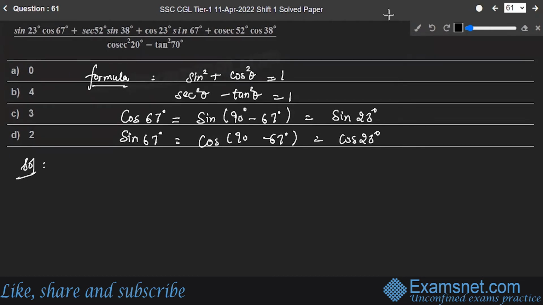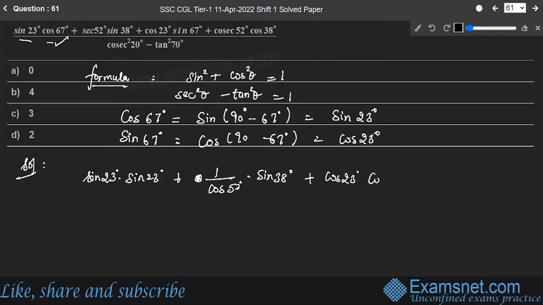So here's the solution. See, sine 23 cos 67. This cos 67 can be written as sine 23 only. So sine 23 into sine 23 degrees plus secant. Now, how can I write down secant? I will write down secant as 1 upon cos 52 degrees into sine 38 degrees, plus cos 23 sine 67, which can be written as cos 23 also, plus cosecant, which can be written as 1 upon sine 52 degrees into cos 38 degrees.